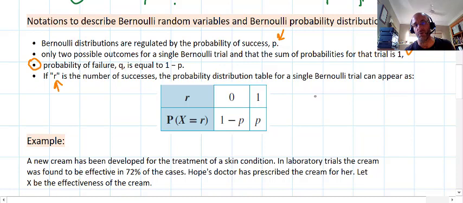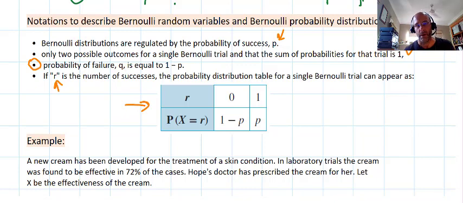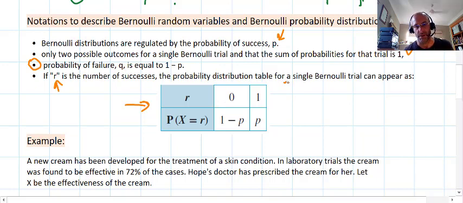A single Bernoulli trial can appear like this if we're after a probability distribution table. Hopefully you can recall what a probability distribution is, but we will do that later in this video just to be sure. But you can see that there can only be two things. In a single trial of Bernoulli type, we can have no success, or we can have one success.